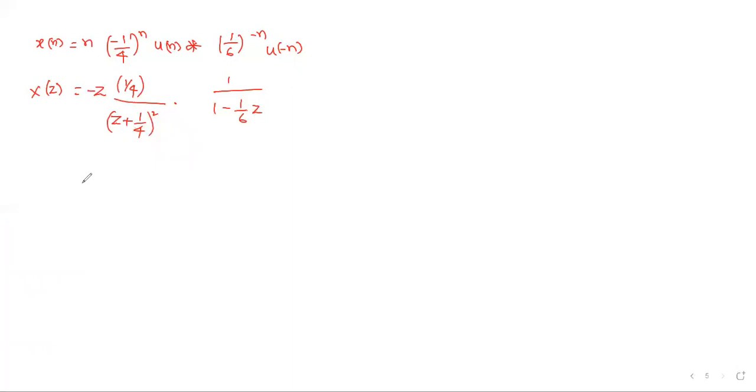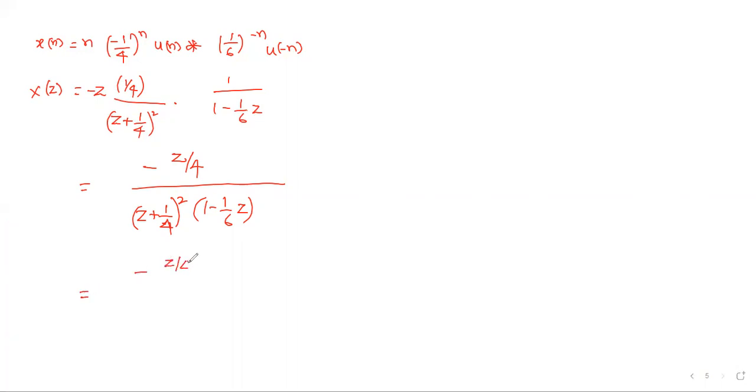Now I will write the exact form. So minus z by 4 divided by z plus 1 by 4 whole square into 1 minus 1 by 6 into z. If you multiply and simplify, we can simplify that; otherwise you can leave it up to here. Now if we simplify this, what we will get?